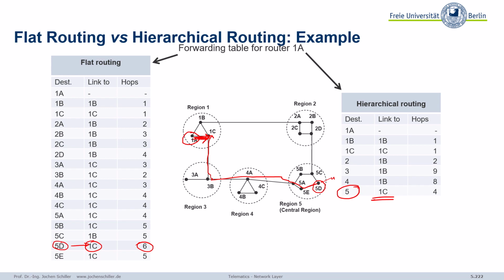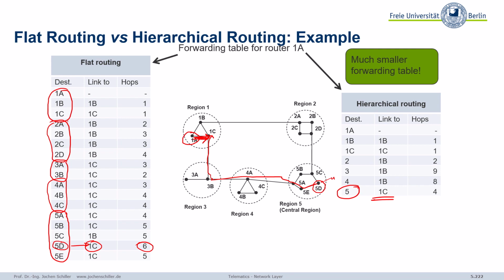So you see, with hierarchical routing, you can aggregate many systems, all those starting with 5 or all those starting with 4. Now you can imagine where we need our network prefixes. Those prefixes, they help us to aggregate all these systems. So we have much smaller forwarding tables. That's quite obvious.